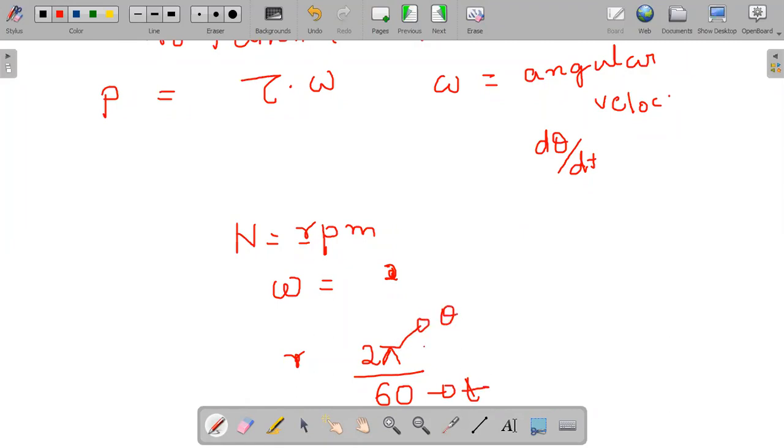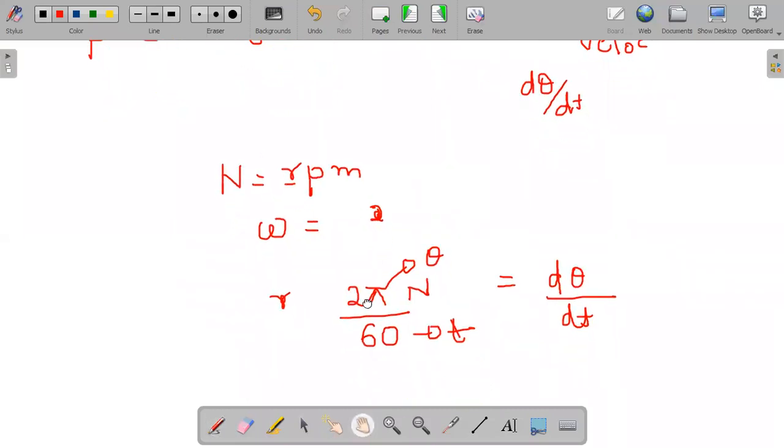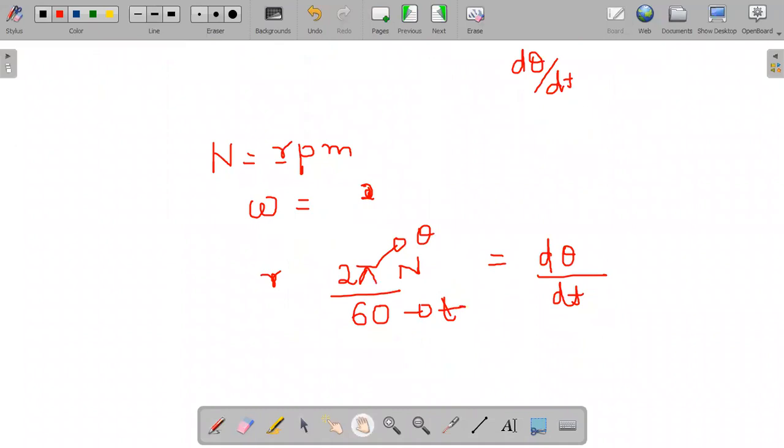If you multiply with n, it will be d theta by dt, change in angle divided by change in time. यही होता है, 2 pi n by 60. आई थिंक 2 pi n by 60 ओमेगा इज इक्वल टू, चेक करना है एक बार. यही होता है सर, 2 pi n by 60.